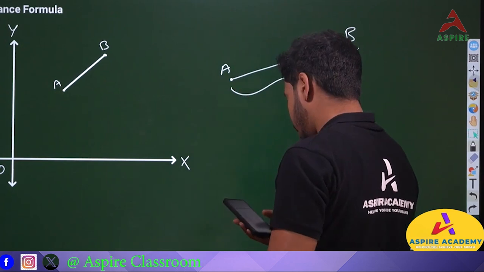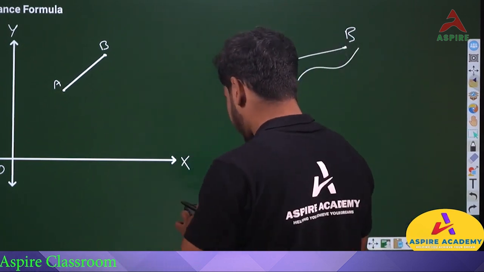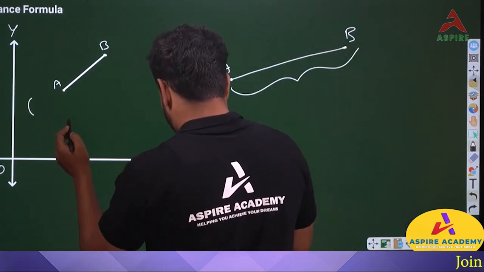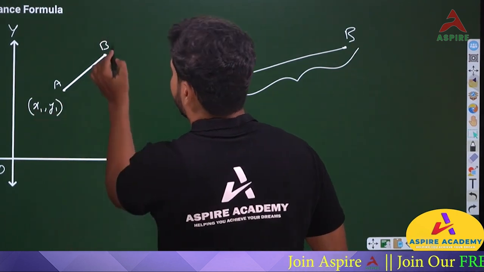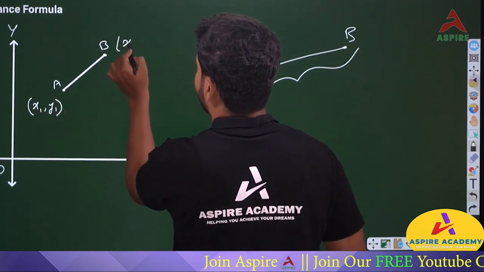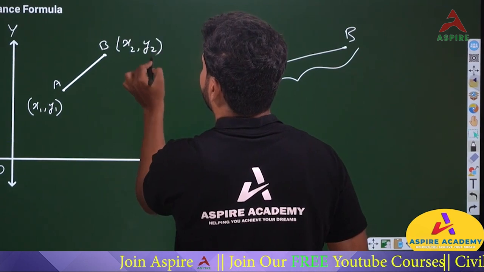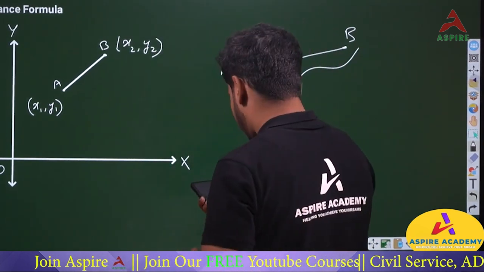So first of all, let the coordinates of A be x1, y1, and the coordinates of B be x2, y2, right?